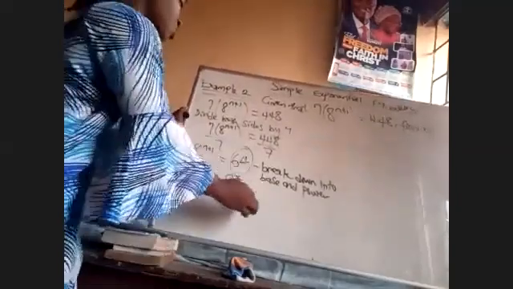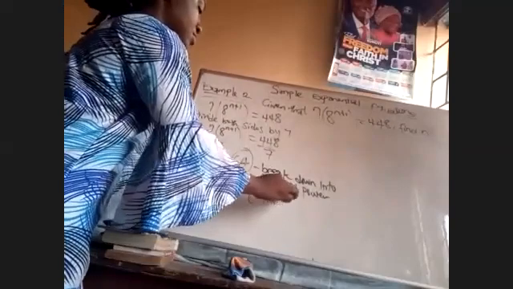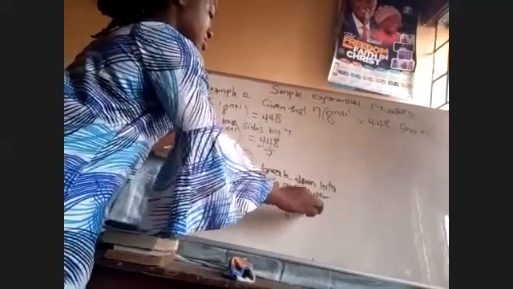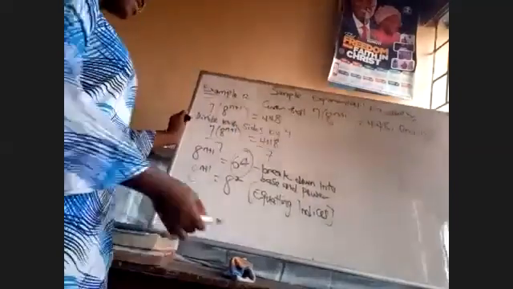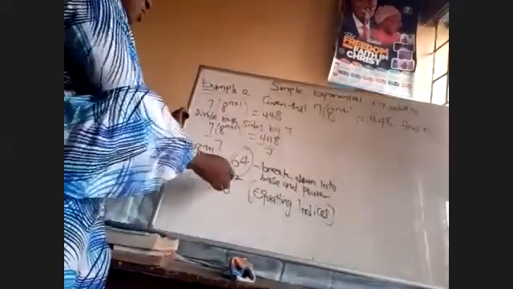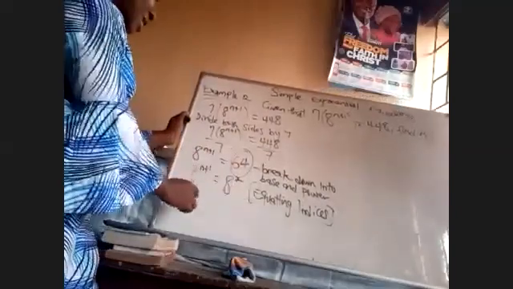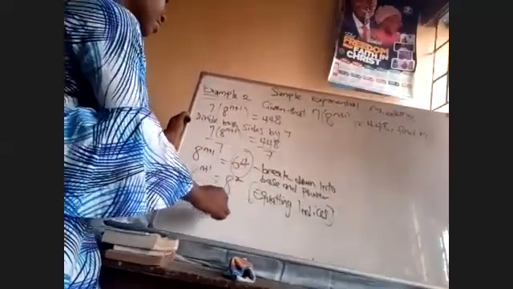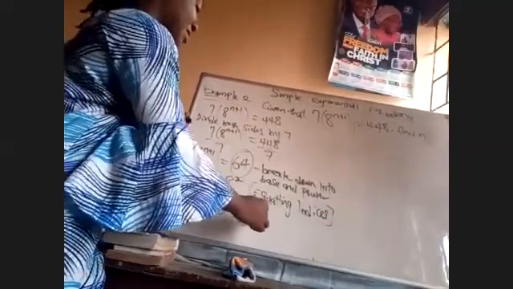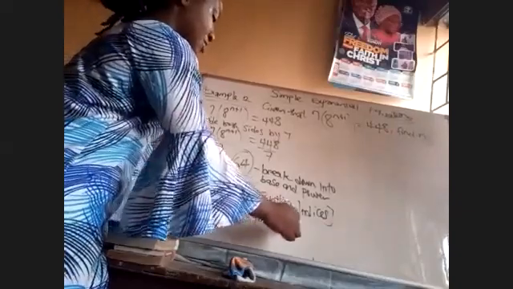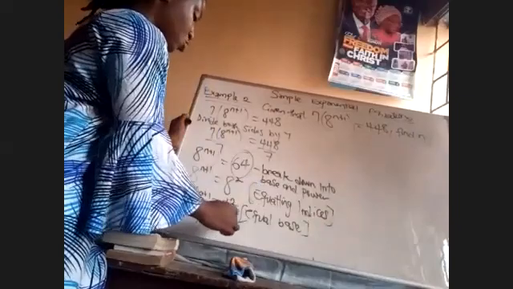In this place, what do we do? We equate indices. When we equate indices, the bases are equal. They have equal base. So what happens mathematically is this. Whenever you have equal base, you cancel the base on the basis that they have equal base. So we have n plus 1 is equal to 2.